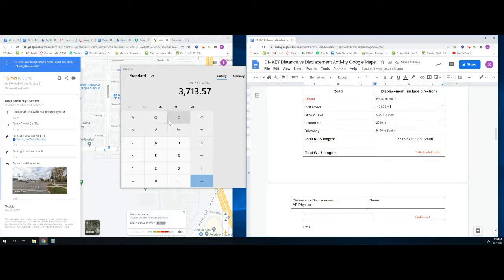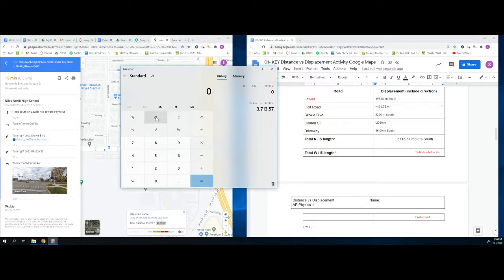So I have negative 2060. I'm going to say 2060 negative plus the 491.75.